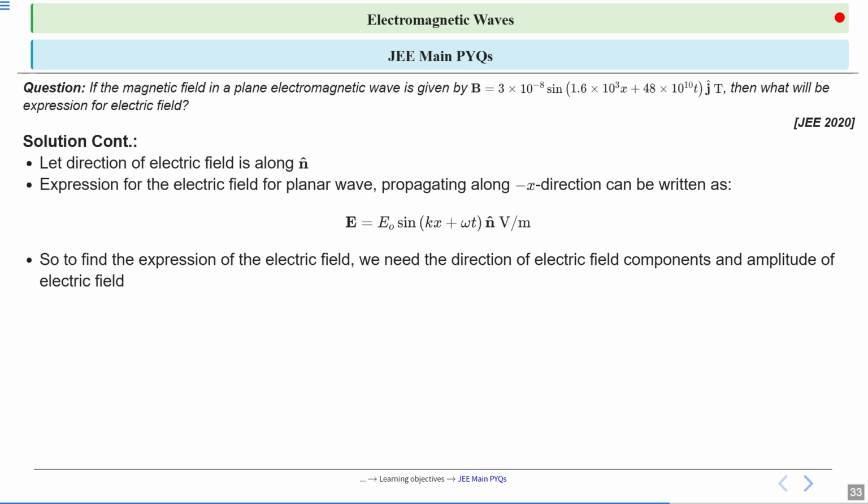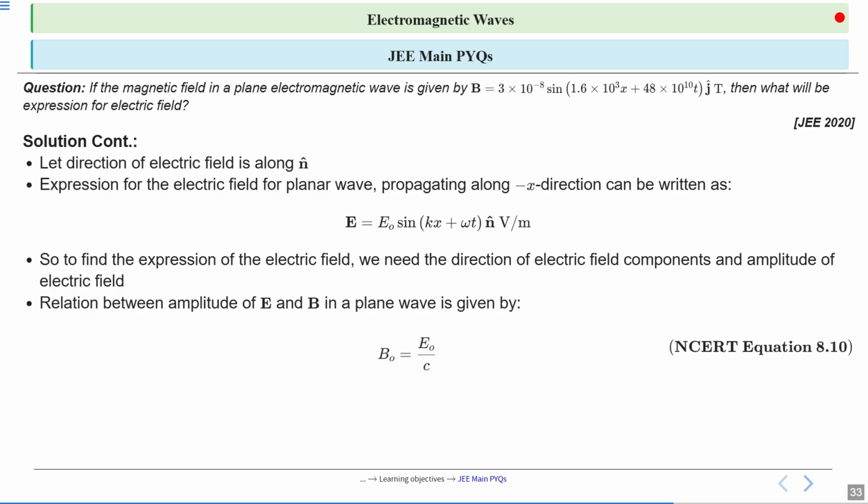To find the expression of the electric field, we need the direction of electric field components and amplitude of electric field. Relation between amplitude of electric and magnetic field in a plane wave is given by B naught equal to E naught upon C, according to NCERT equation 8.10. So E naught will be equal to C B naught.